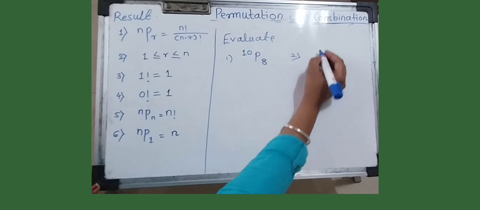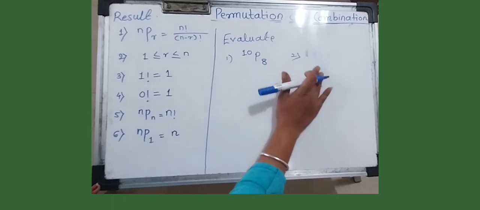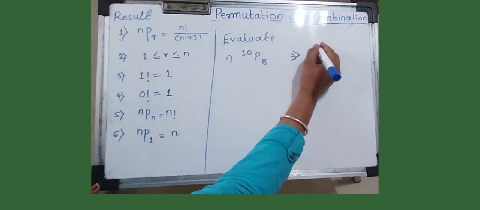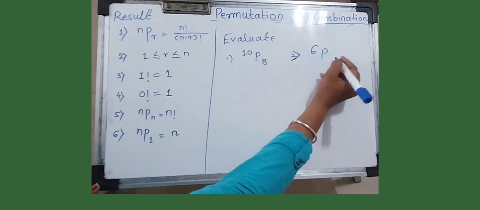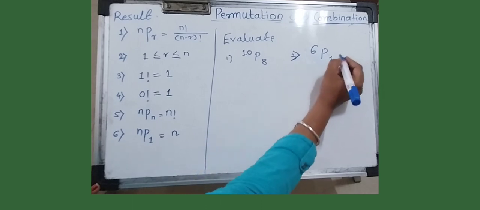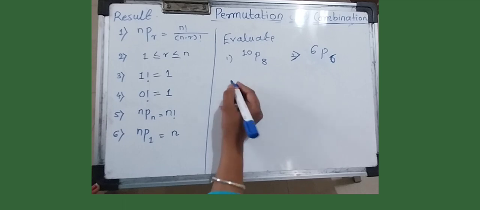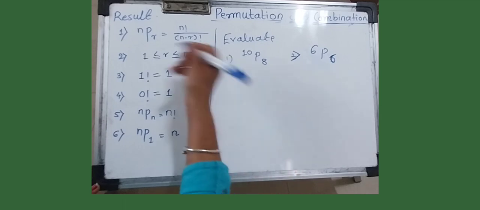Maybe they ask 6P1 or 6P6. So find out. It is for 2 marks. Put it in the formula.